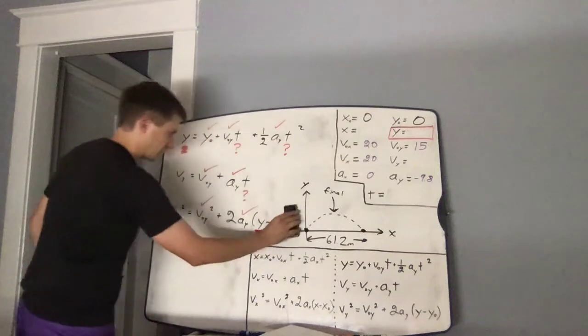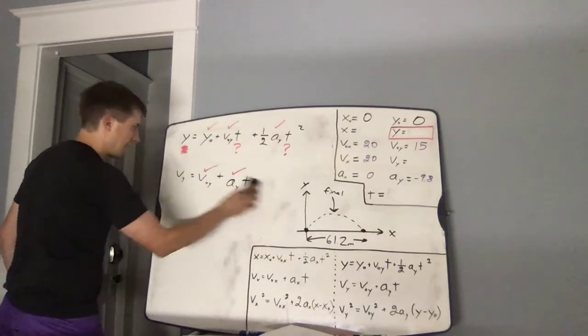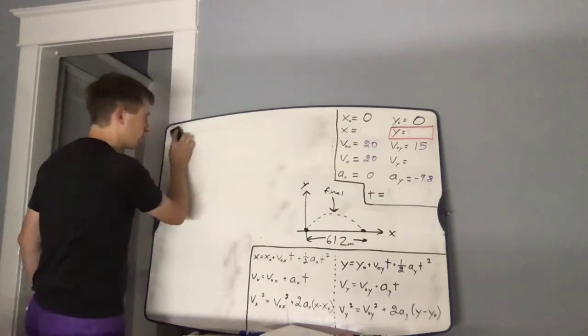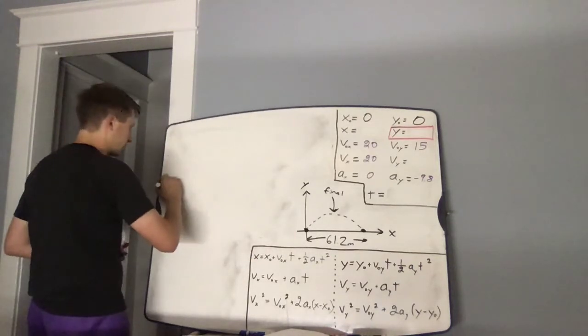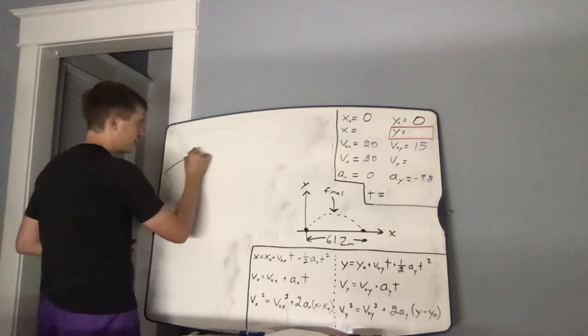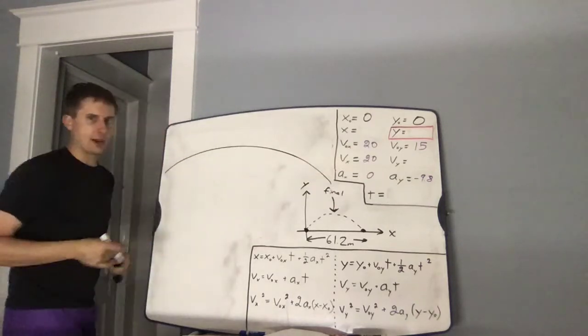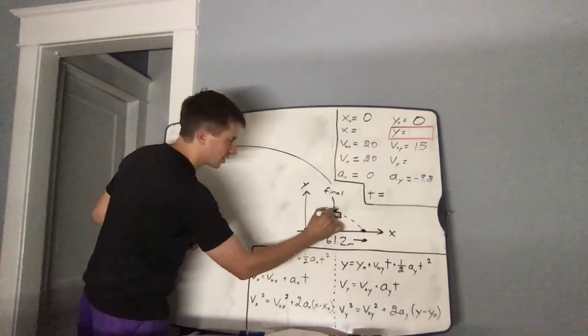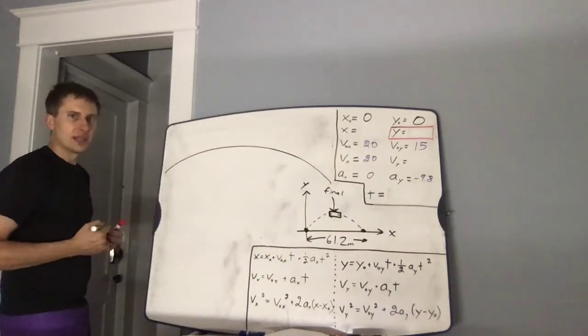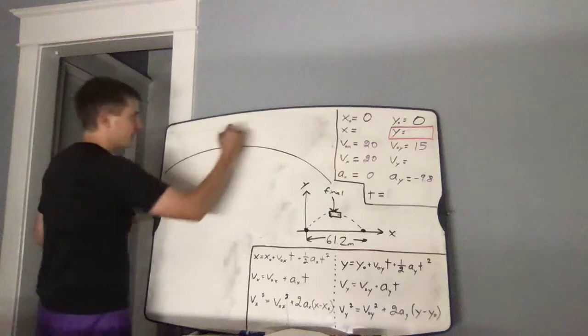I'm going to draw this picture, but I'm going to zoom in on what we're looking at. So if I draw this picture, here is the arc, and here's the very top of the arc when the ball is in the air. So I zoomed in on the arc as the ball is flying through the air. And here is the top of the arc.